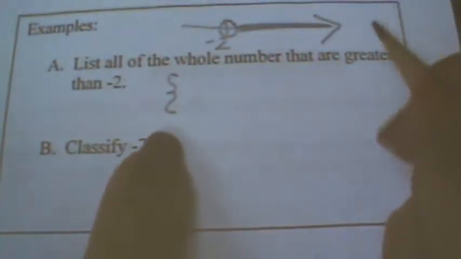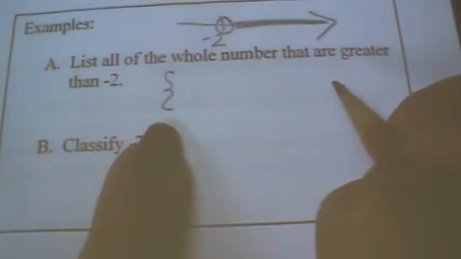Give me all the numbers that are greater than -2. Is -1 a whole number? 0, 1, 2, 3, 4, 5, etc. Do dot, dot, dot, just like that.